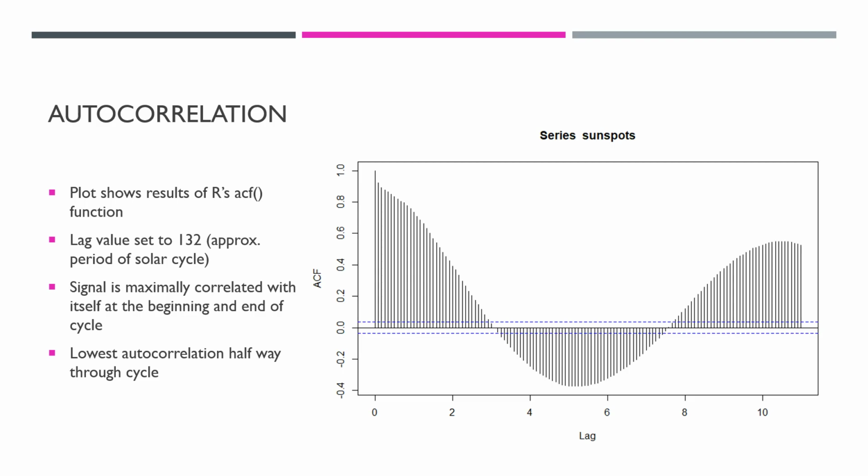So we see that the maximum autocorrelation or self-correlation occurs at the beginning and end of those 11-year-ish cycles. And then it also shows minimal correlation or about zero correlation at two nodes along that cycle as well, around year 3.5 and 7.5.